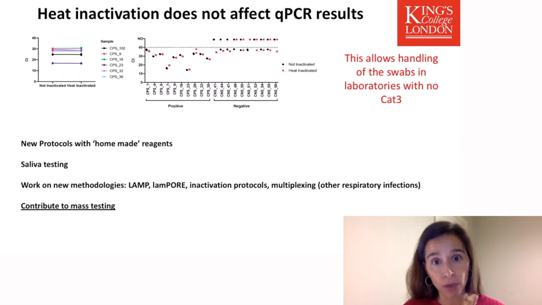We are also developing new inactivation protocols, always having in mind cost effectiveness and universality of use. And we are also investigating multiplexing because we are now getting into the autumn, and this will require us being able to distinguish different respiratory infections, which we think is now essential to be able to control the pandemic. And at last, from King's Health Partners, what we want to do is contribute to mass testing in the UK.